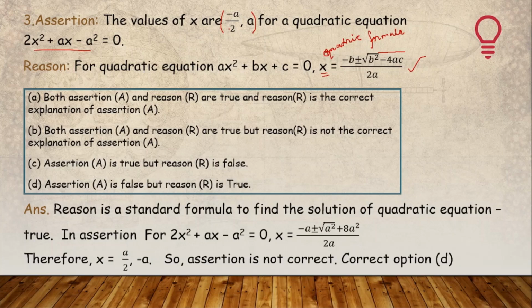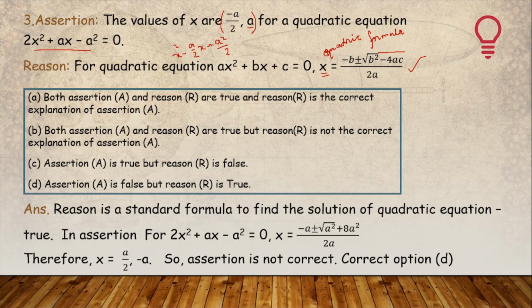Now we go for the assertion. They are telling these are the two factors, two zeros. So easily we can check by finding the sum of zeros and product of zeros. When you go for the product, it is minus a square by 2. Sum of zeros: put LCM 2, 2 into minus a minus 2a plus a by 2. So it becomes minus a by 2. Summation is a by 2. We know when sum and product are there, the quadratic equation will be x square minus sum of zeros into x plus product of zeros.